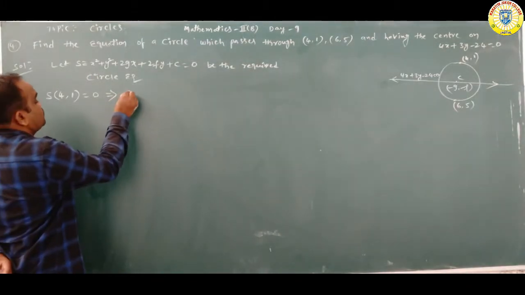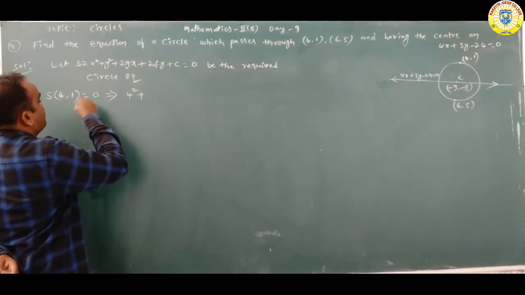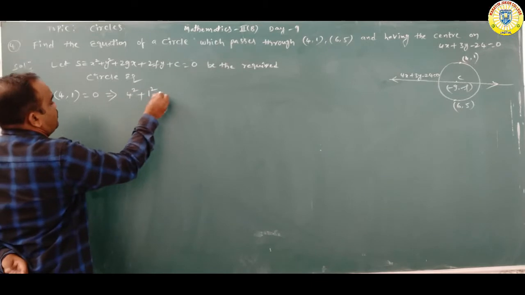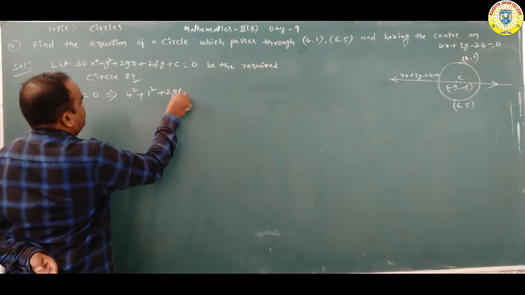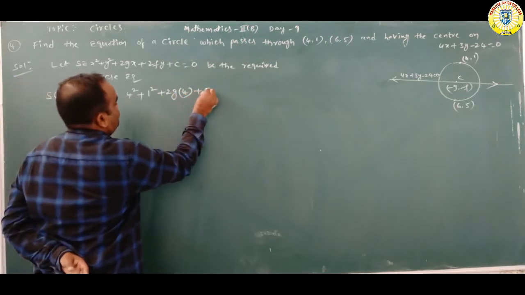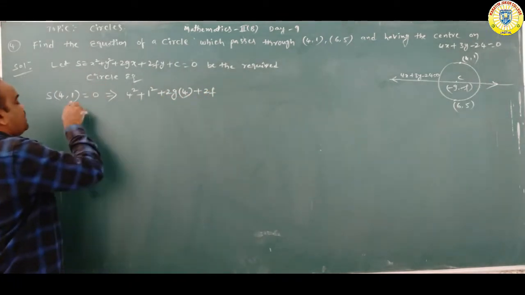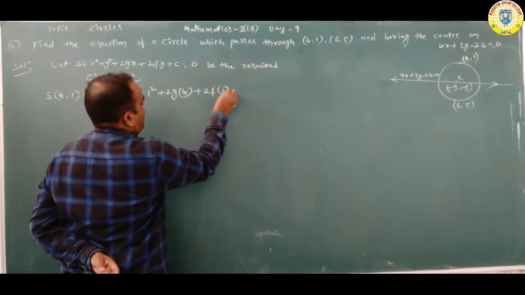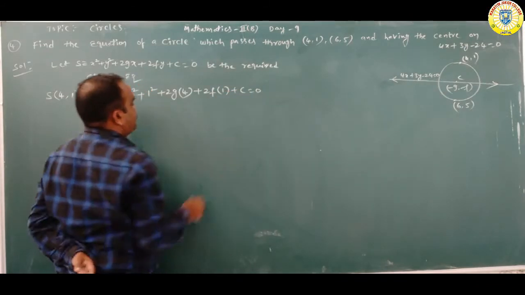So that is 4² + 1² + 2g(4) + 2f(1) + c = 0.